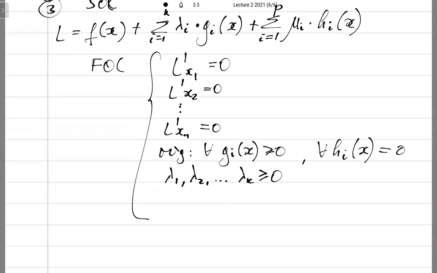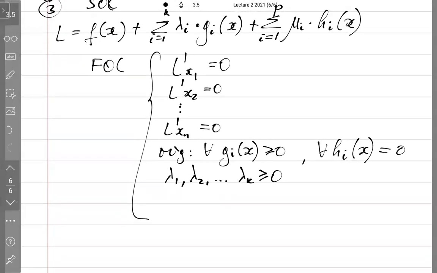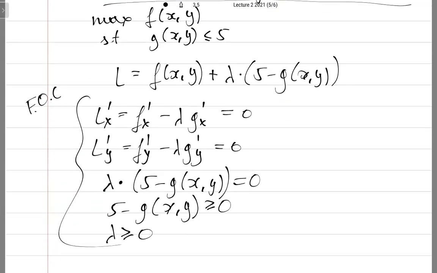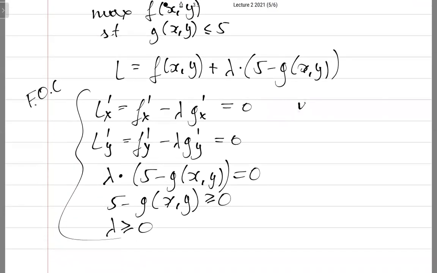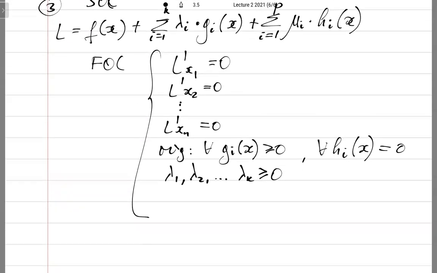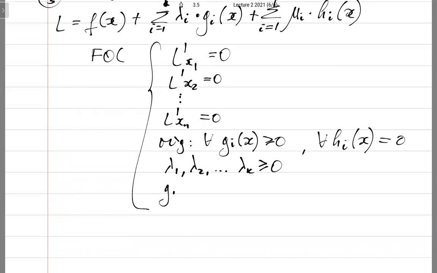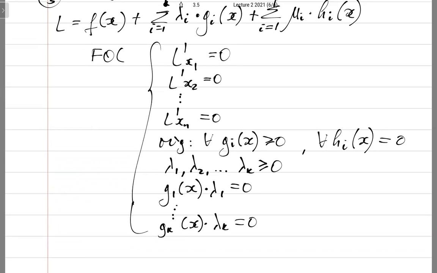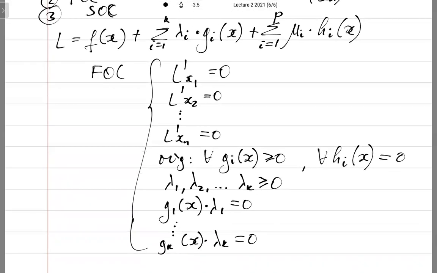And finally, if you look carefully at what we have: this is mentioned, that is mentioned. So what is this? This is lambda times constraint should be 0. So in our general case, g1 of x times lambda 1 should be 0, g k of x times lambda k should be 0. And finally, bingo, we have finished.